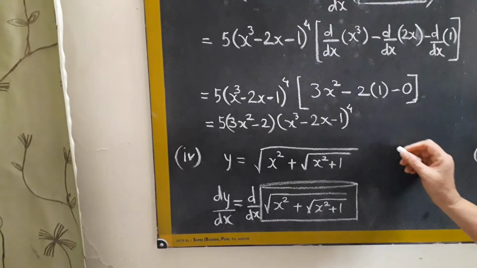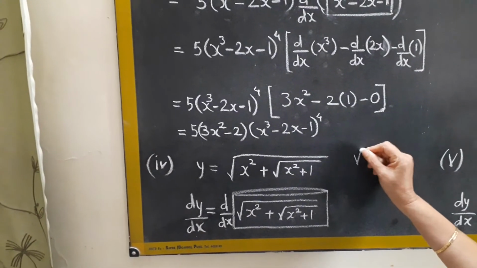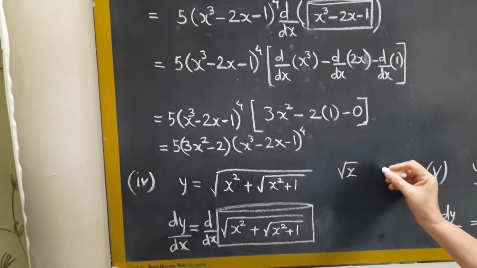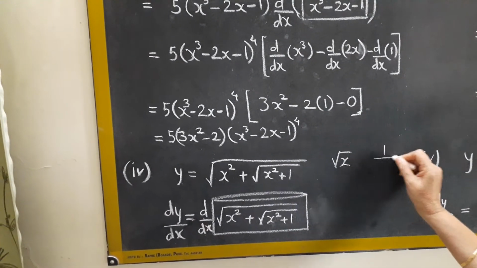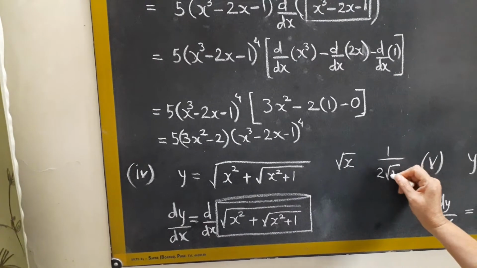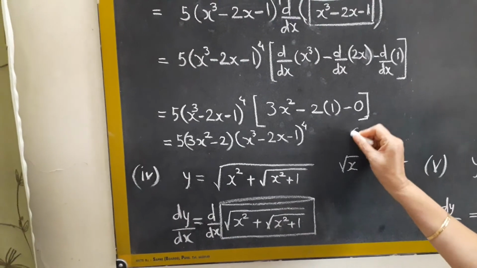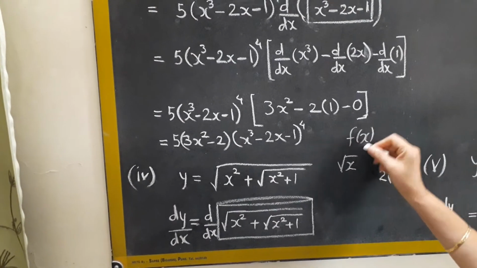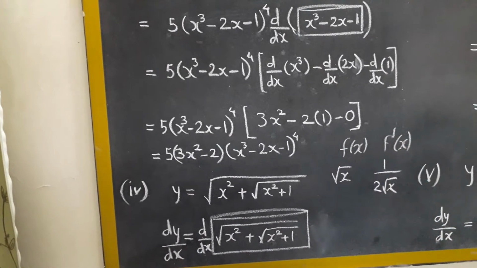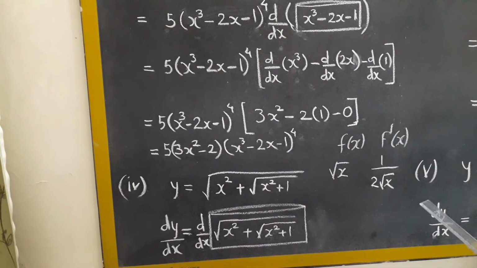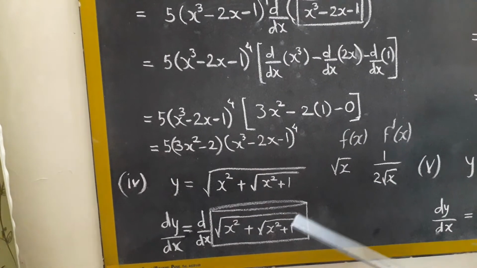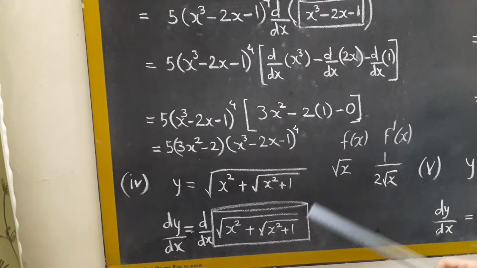and we know the derivative of root x is nothing but 1 upon 2 root x. See that this is the actual formula, the derivative of root x. This is the standard formula. Now when I look at the standard formula, is there any difference you can make out?